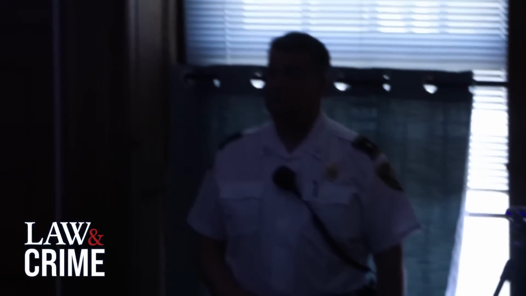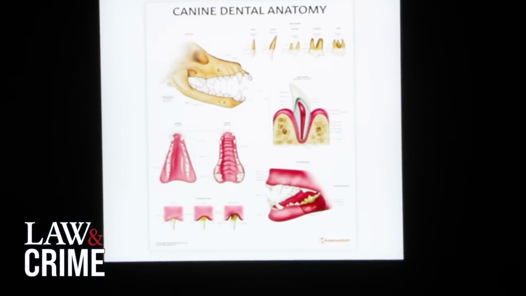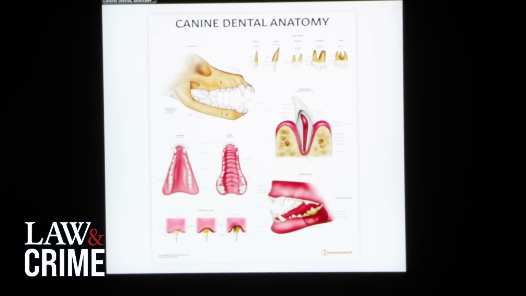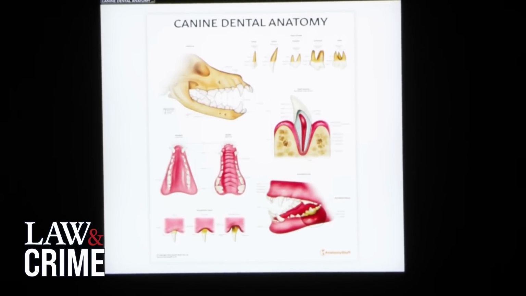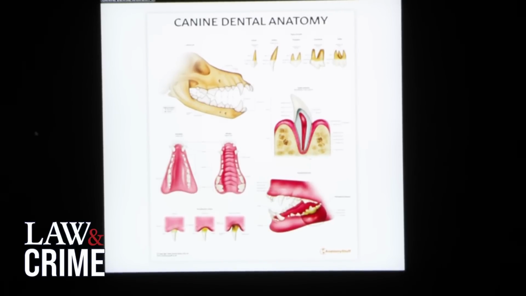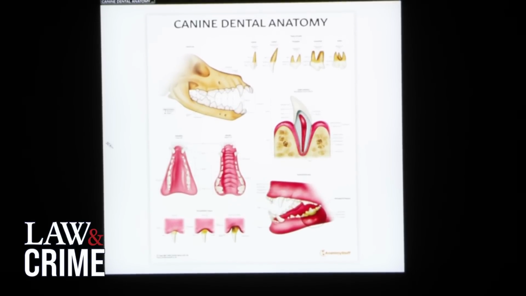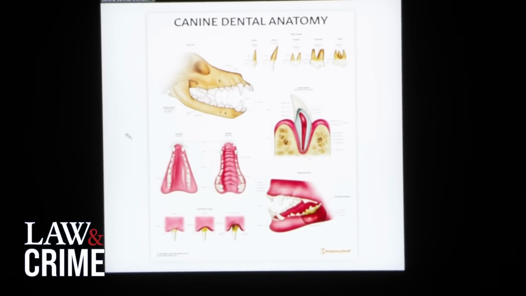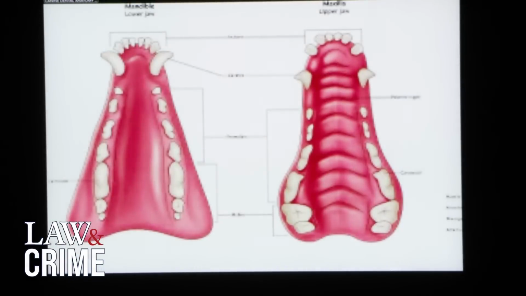Dr. Russell, where would you like to start with regard to this, just to give the jury a brief discussion of dog dentition? Which part of this should we zoom in on? I think the lower half around the triangular upper and lower jaws, right there. Right there? Yeah. Very good.